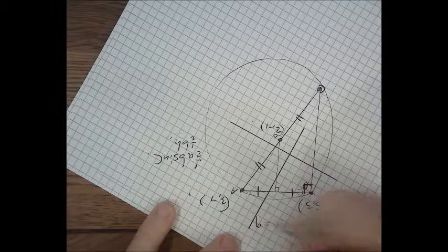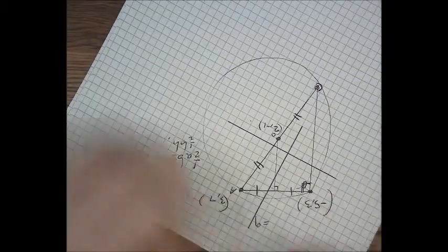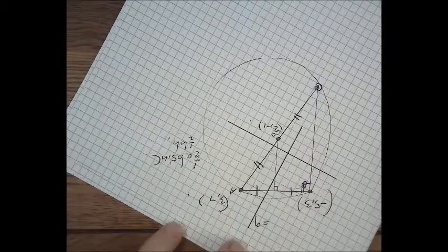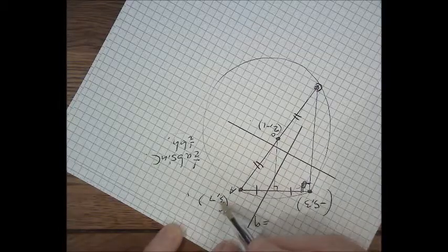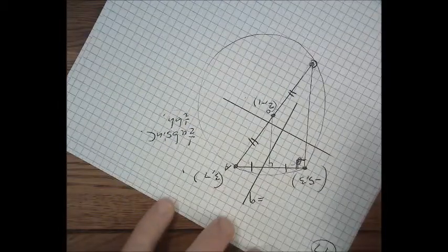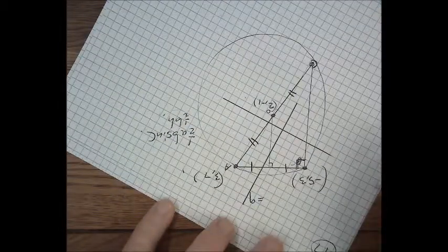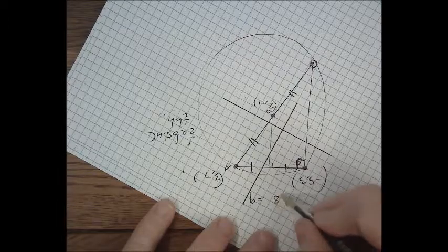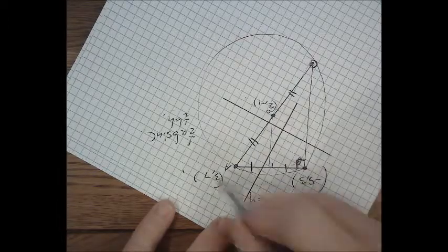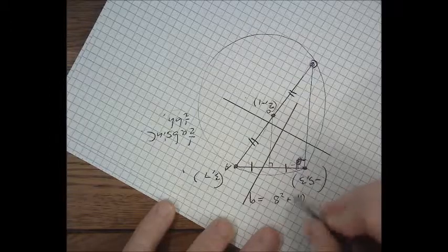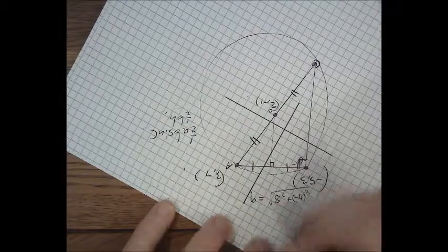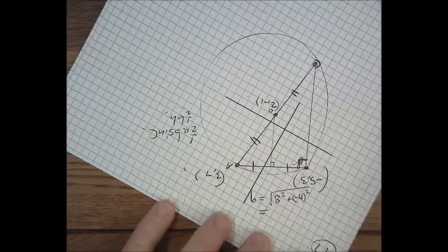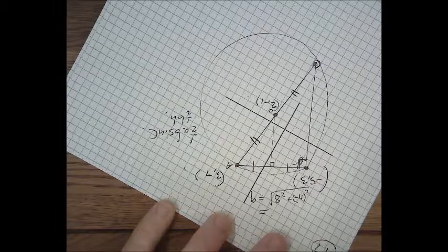So the base is this distance. The difference of the x coordinates squared plus the difference between the y coordinates squared. So the base, regarding it this way round, is the square root of 80.